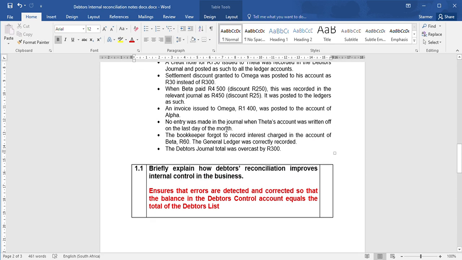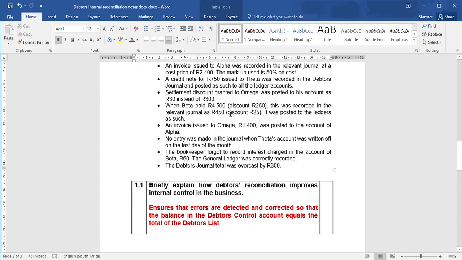Okay, the next one. When Beta paid 4,500, discount 250, it was recorded in the journal as 450, discount 25. If that's the case here, you've decreased Beta by 450 and discount 25, but you should have decreased by 4,500, discount 250. If it's in the journal, it's going to mean debtor's control is wrong as well.